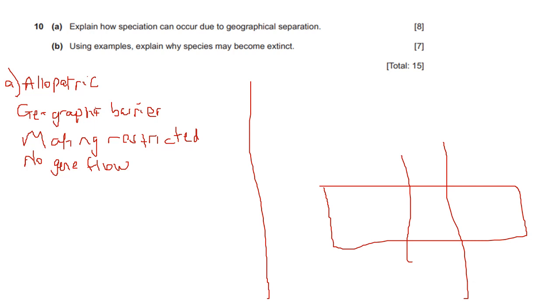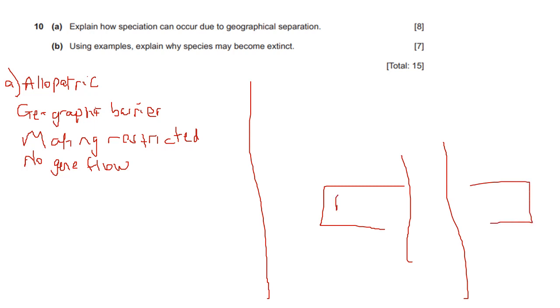I'm going to write this side as A, and this will be B. Initially all the individuals who lived here did not have this barrier between them. They were all just jolly happy people, but now there's a river flowing in between, so they can't cross over to the other side.